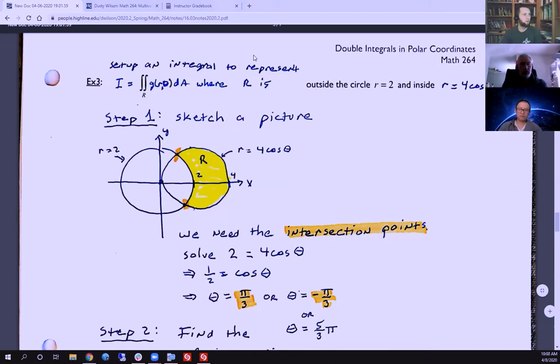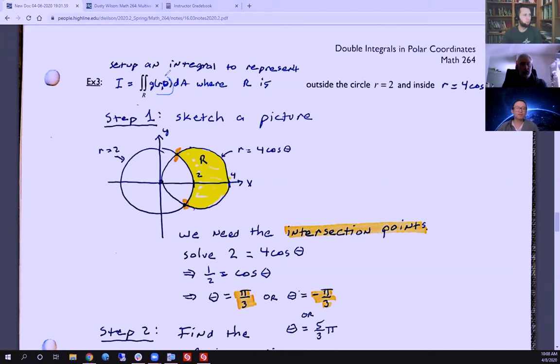When we put in an arbitrary function, I don't care about having a number. What I'm really trying to focus on is the process, and specifically the limits of integration. So at the end of the day, our answer is going to be an integral, not a number.